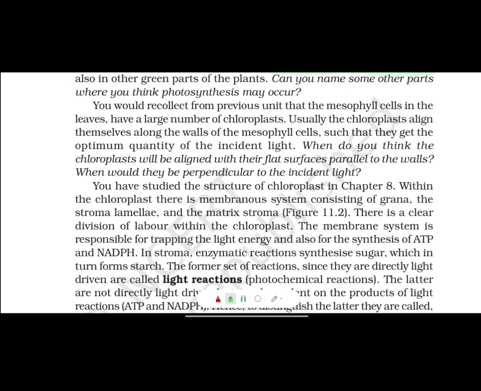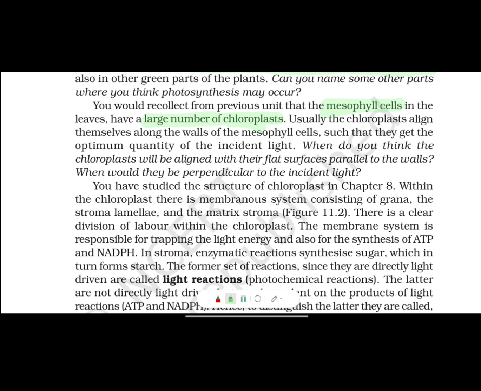You would recollect from the previous unit that mesophyll cells in the leaves have a large number of chloroplasts. Where will the large number of chloroplasts be present? In the mesophyll cells in the leaves.